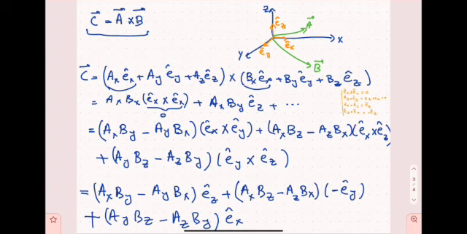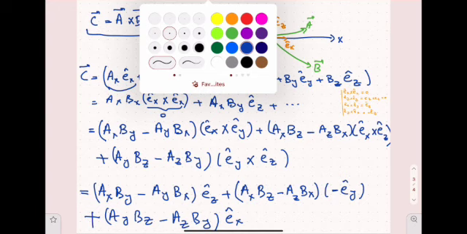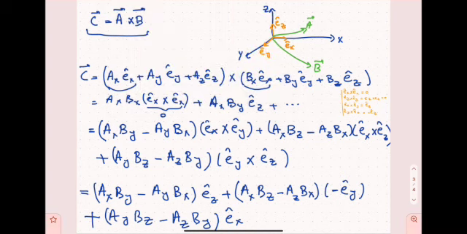Now I ended up with, let's use pink, with three components, this, and this. And remember, we're calculating vector C.